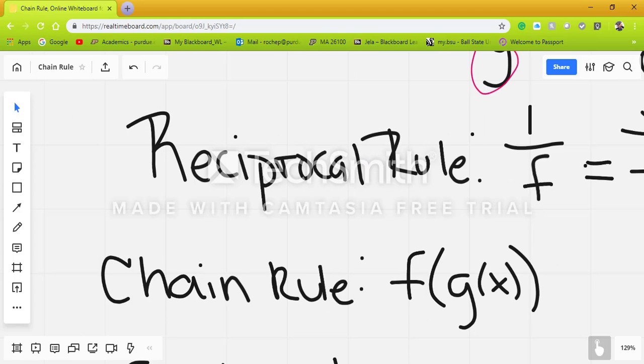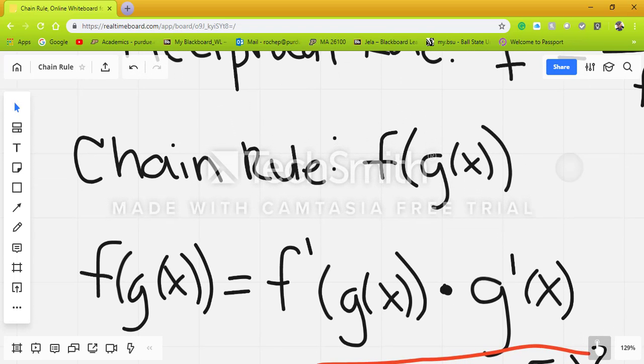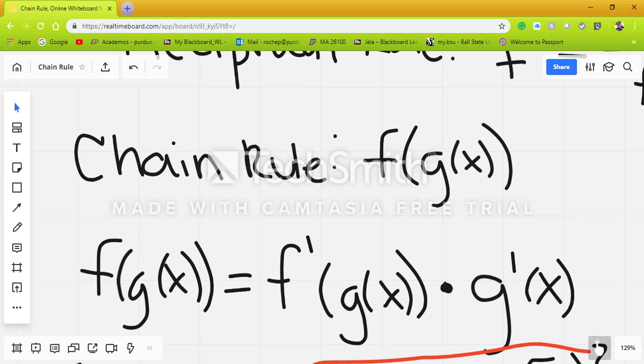Our chain rule, we're going to use f of g of x. So first, a general rule for the chain rule.